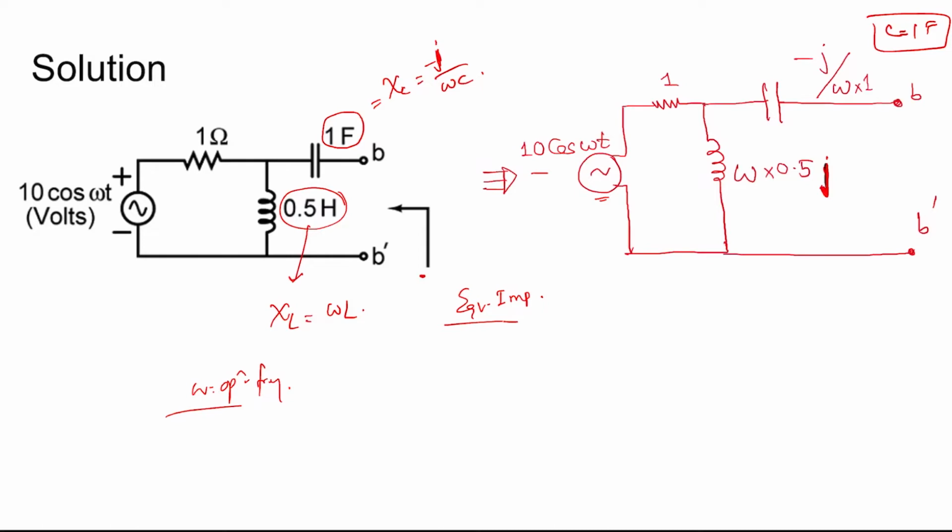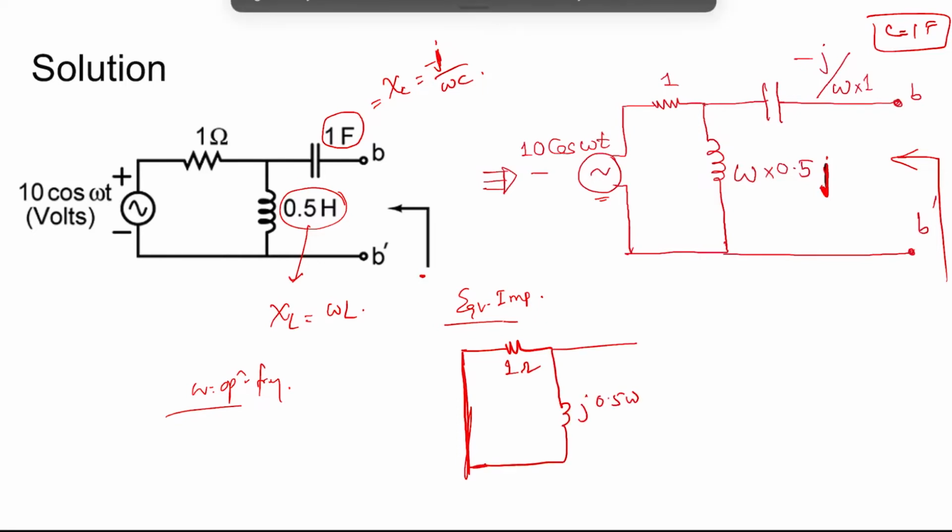Now the equivalent impedance is determined across these two nodes by shorting the active voltage source that is independent with its internal impedance, that is short circuit. Then the resistance 1 ohm, and this is j 0.5 omega, and this is minus j by omega.